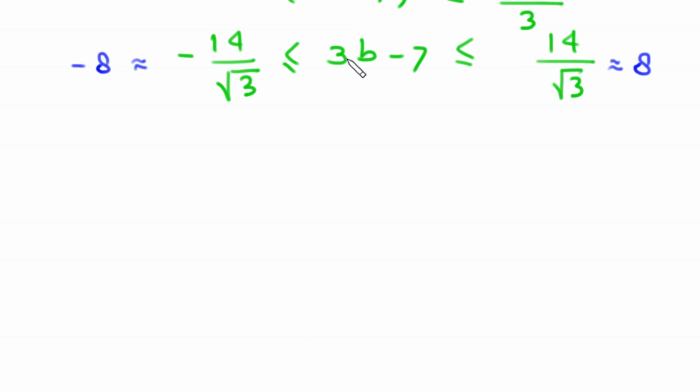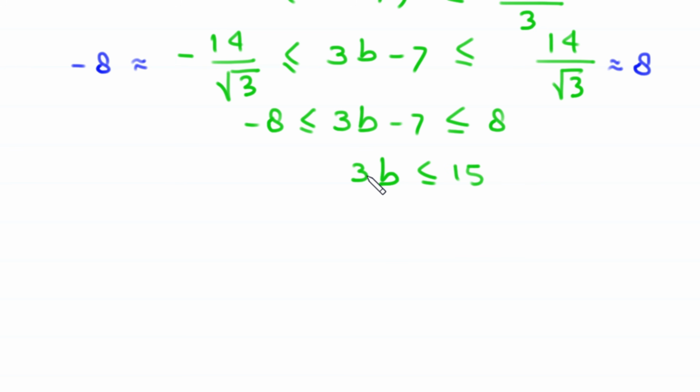It means that we can rewrite this inequality as 3b minus 7 is less than or equal to 8 and greater than or equal to negative 8. This implies that 3 times b must be less than or equal to 15, and 3 times b must be greater than or equal to negative 1.